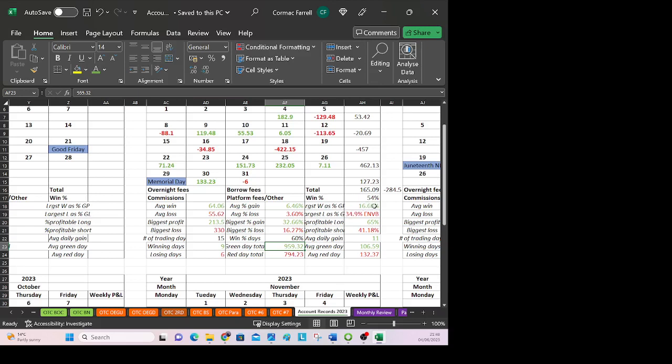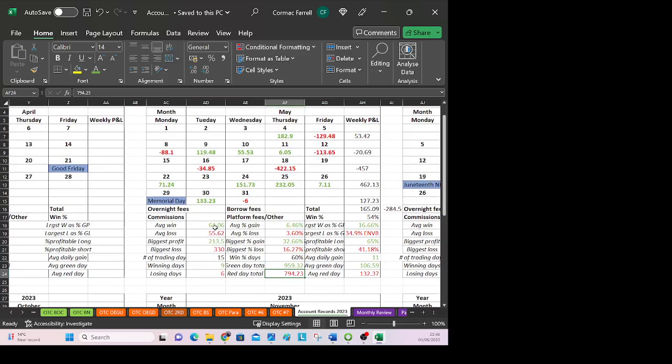Of that chunk, 34% was ENVB, my green trade, which was about 330 dollars to be precise. So the whole thing just gives me some information as to where I'm going right and where I'm going wrong.